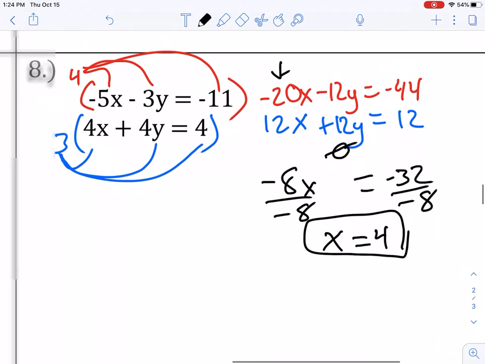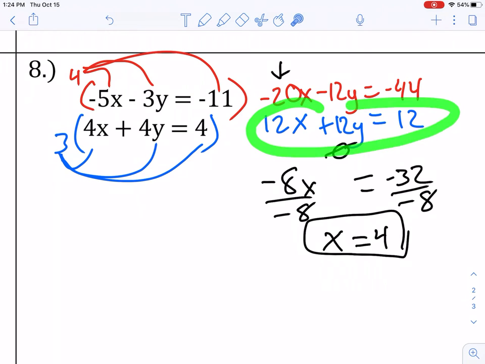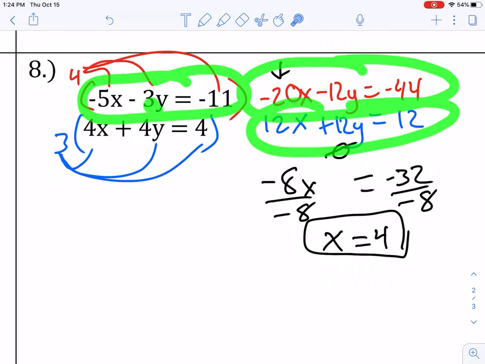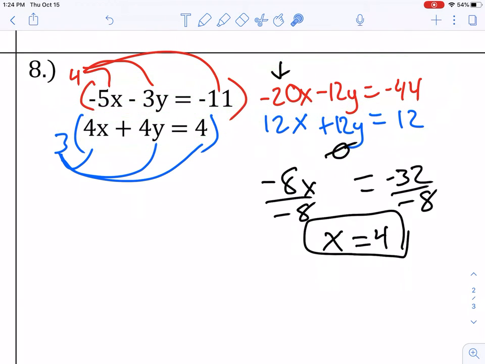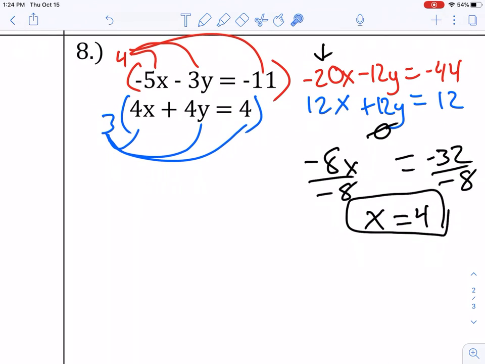Now that we know what x is, we can plug it in here, here, here, or here, whatever you want. I'm going to keep with my theme and just keep using the bottom one. 4x, and then instead of x, we're putting a 4. So 4 times 4 plus 4y equals 4. That's 16.